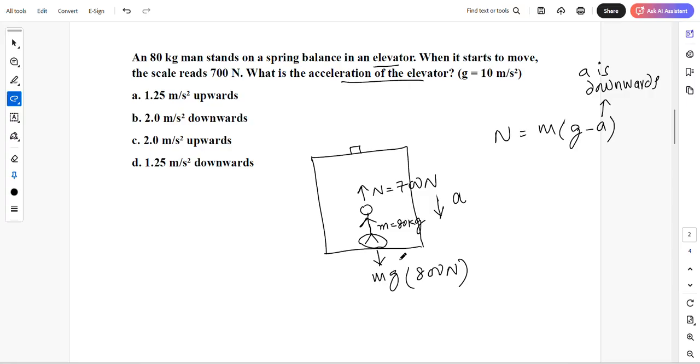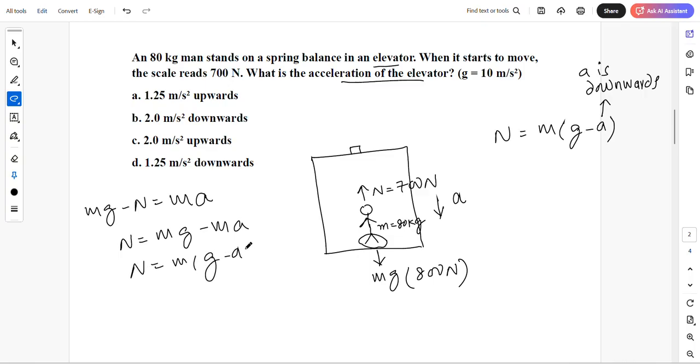Now, the driving force minus the opposing force. The driving force is mg, because mg is in the direction of A. Driving force minus opposing force is equal to the mass of this person into acceleration. Then from here, N is equal to mg minus ma. Same thing you are going to get.